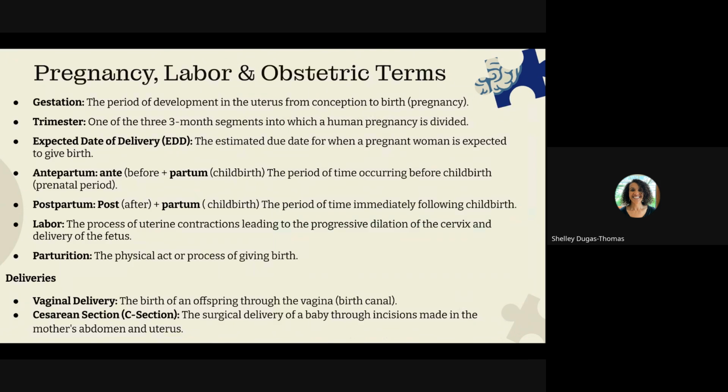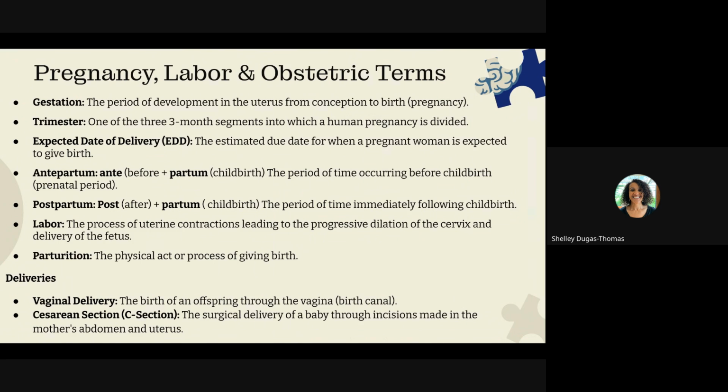So with gestation, the period of pregnancy is broken out into trimesters, 3-month periods. Ante means before, and partum means childbirth. So you have antepartum. Post means after, plus partum, childbirth, means postpartum, after.